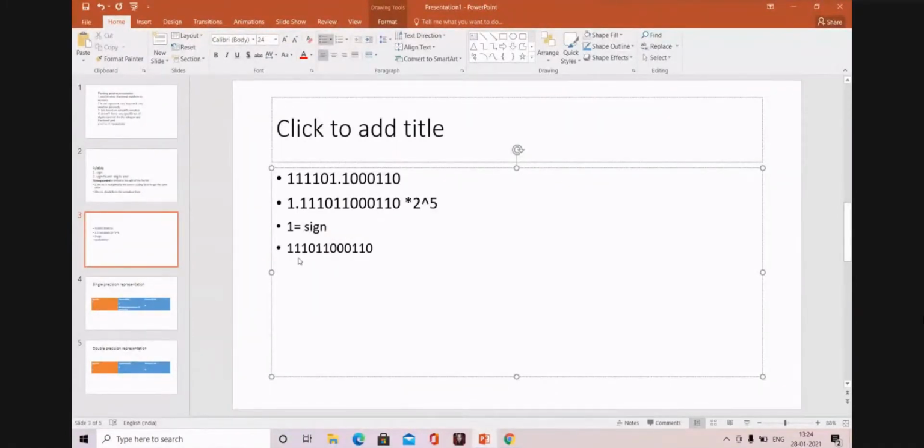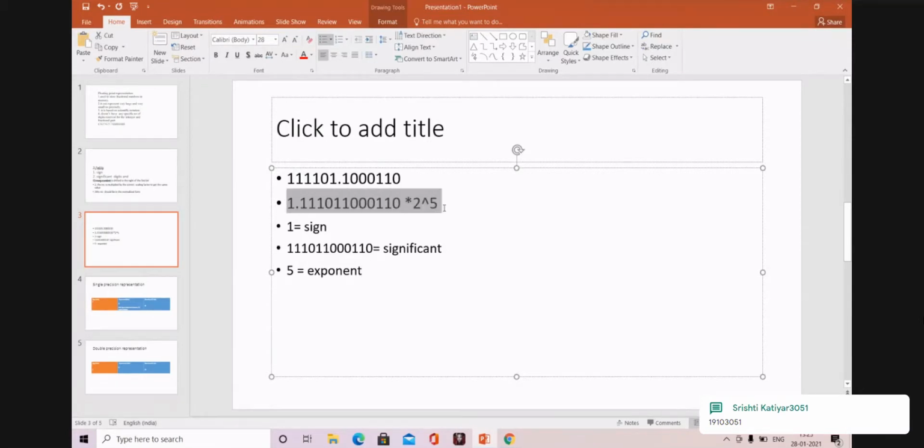Okay, 0 is your significant, and 5 is the exponent. All right, so this portion, if you see here, is called your normalized form.